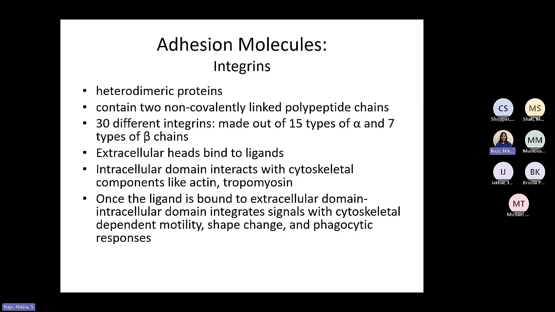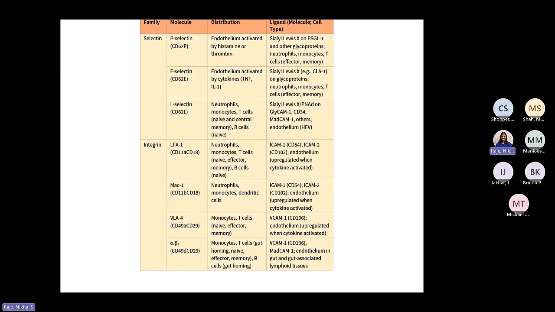All right, so apart from motility, it can also cause change in shape and help in phagocytic responses. Various types of integrins, a few important ones mentioned here: LFA1, MAC1, VLA4, and alpha-4 beta-7. The second name for LFA1 is CD11A, CD18. MAC1 is CD11B, CD18.